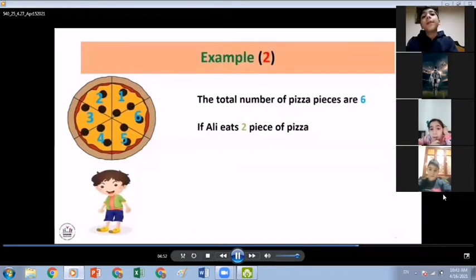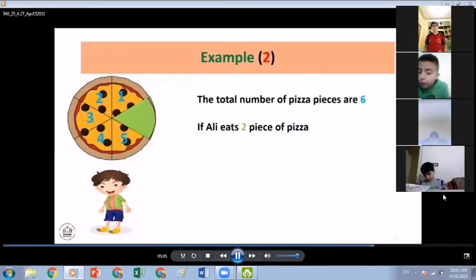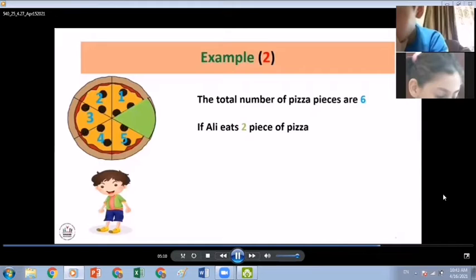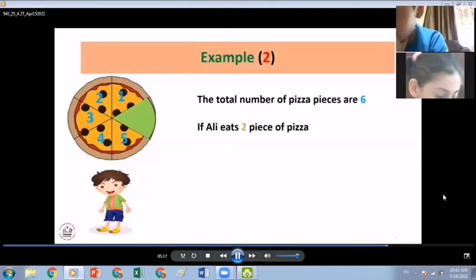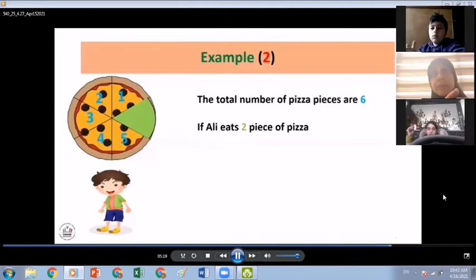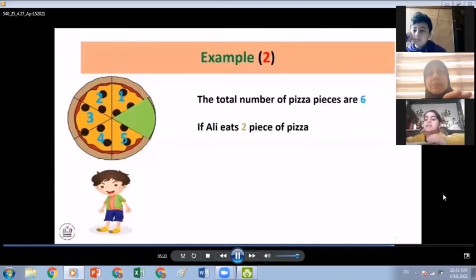He thinks to take the largest piece, but as you know, all the pieces are equal in size. So he will choose any piece. Now Ali will eat the second piece of pizza. So the number of eaten pieces equals 2.